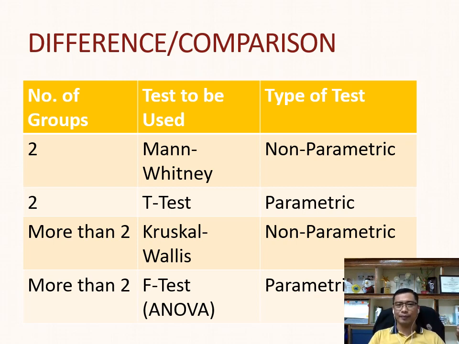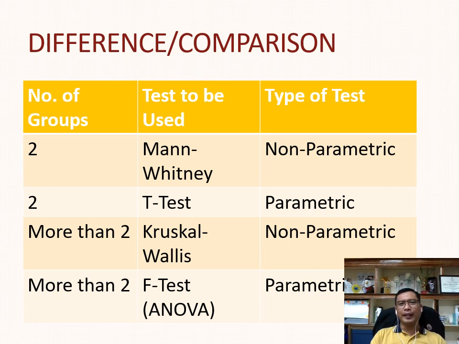used. Say for example, one big consideration is what is the question for your research, for your hypothesis. If the question is about difference, you're trying to compare male versus female responses.